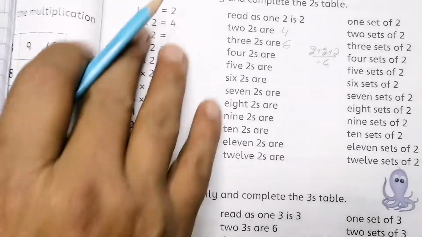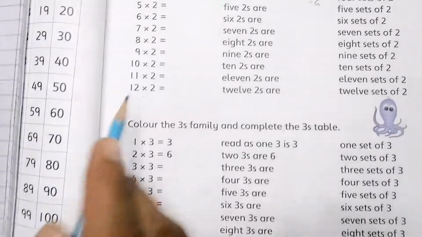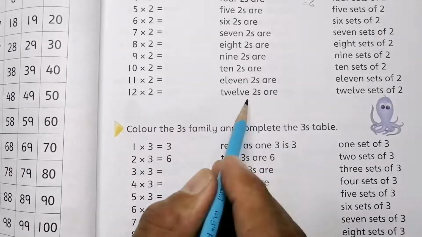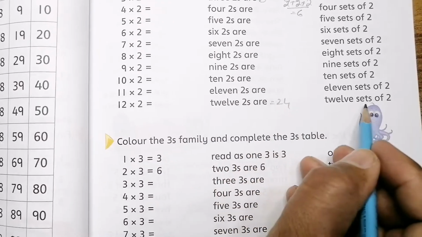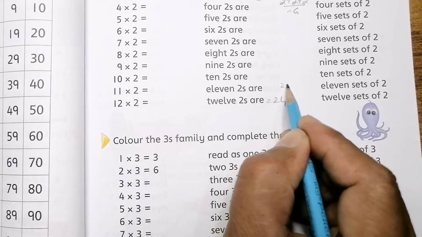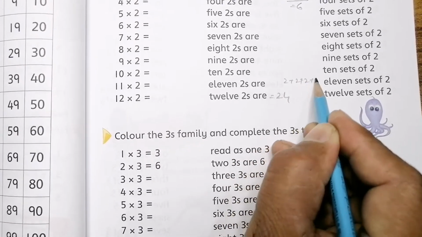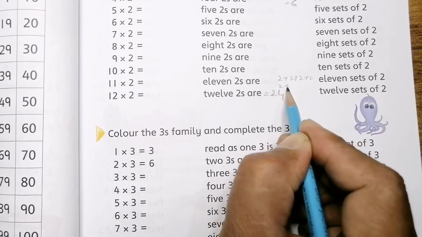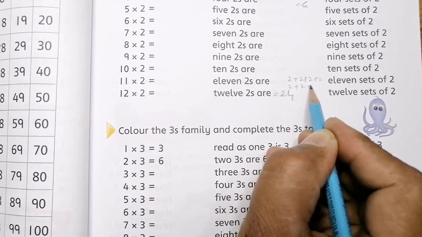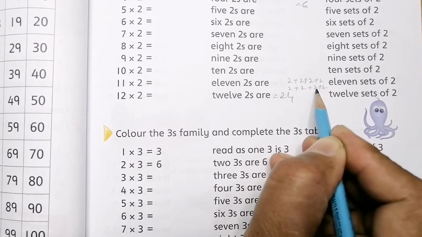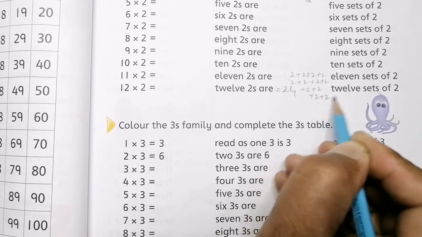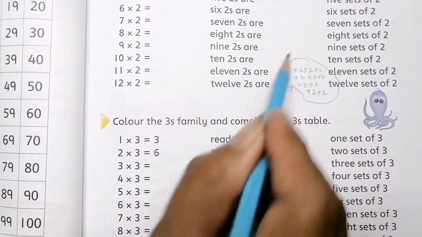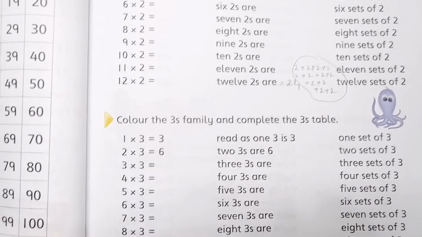Similarly the other numbers you can see yourself, right? 12 2s are 24, and 12 sets of 2 means 2 plus 2 plus 2, and so on, 12 times I have written 2 and it makes 24.